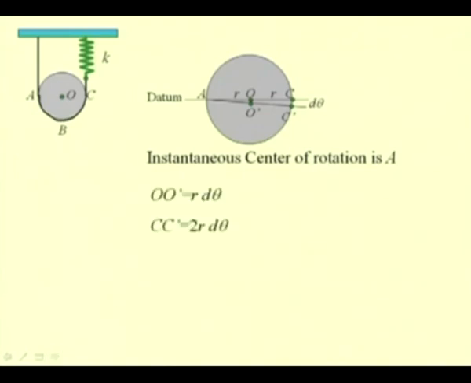So, this distance OO prime is nothing but r times d theta, and this distance CC prime is equal to 2r, or the diameter of the disk, times d theta. So, these values give the corresponding displacement of the points O and C for this angular displacement d theta of the disk.